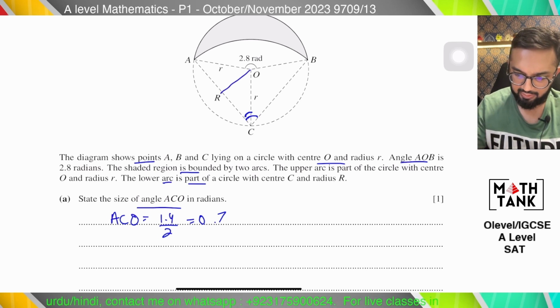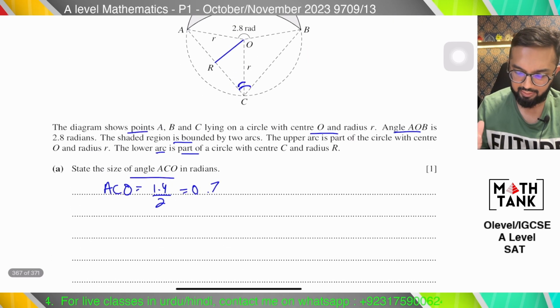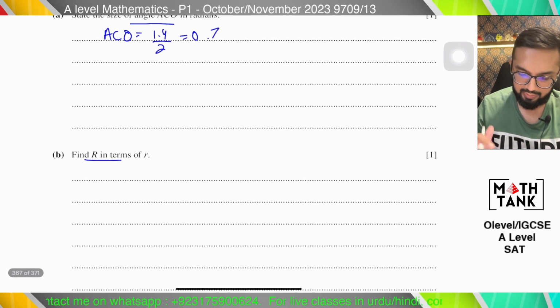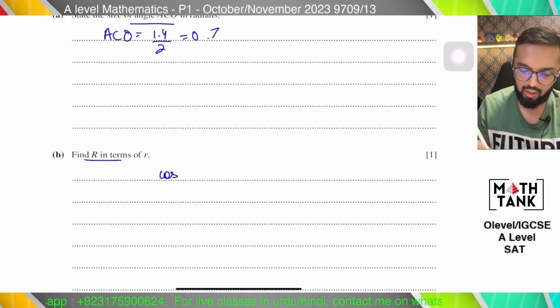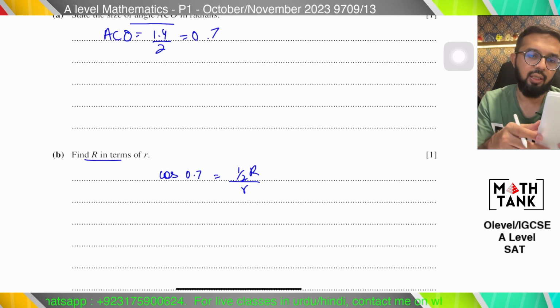So let's divide this. I am going to say that this is half R and this is small r. So cos of 0.7 equals half of capital R over small r. Okay, my calculator should be in radians.